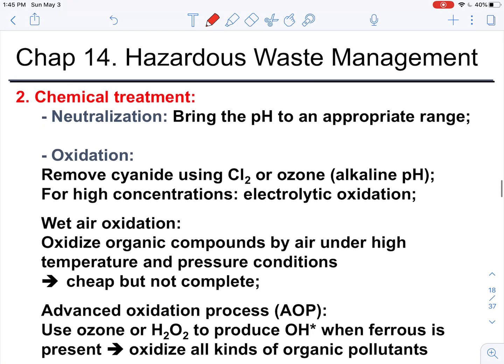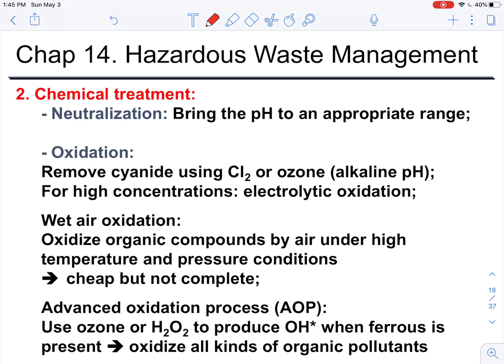In terms of chemical treatment, for species that cannot be easily biologically degraded, we can use chemical treatment to deal with these pollutants. For example, first you can control the pH to neutralize the hazardous material, and then also to remove some of the species there. We can also use oxidation, basically pumping in oxygen or air to deal with the organics in there. For example, we can treat cyanide using chlorine or ozone.